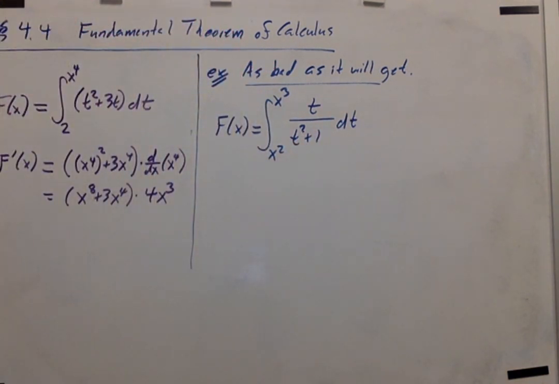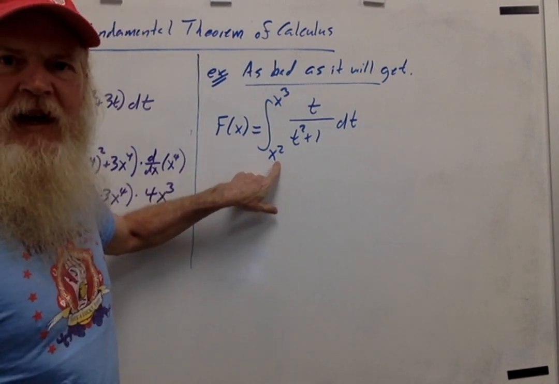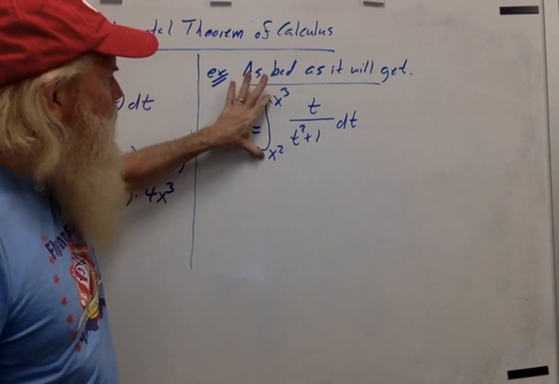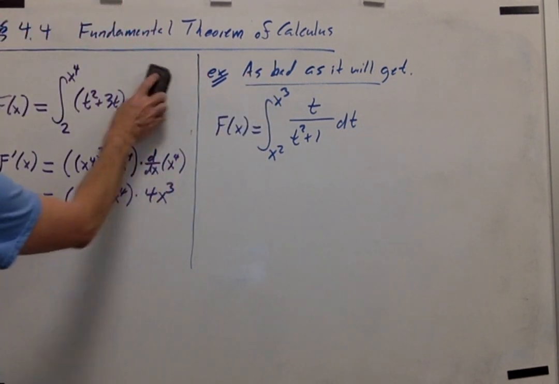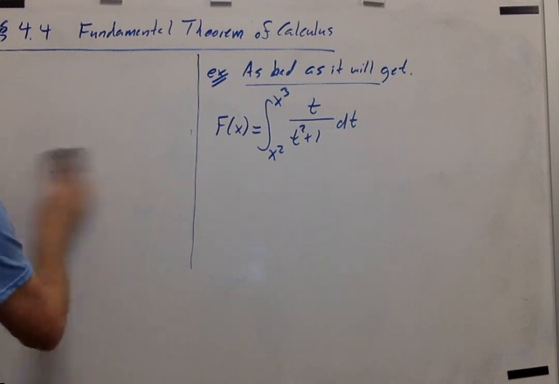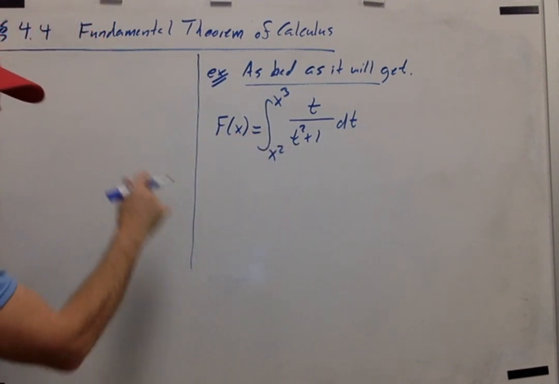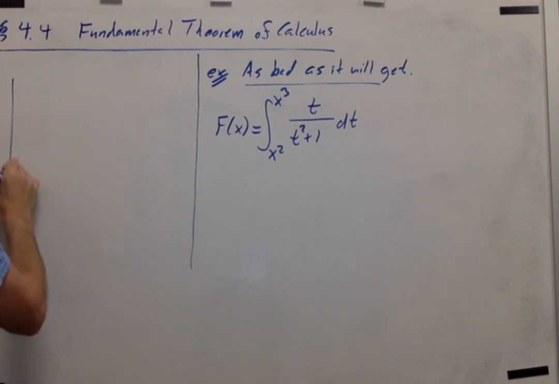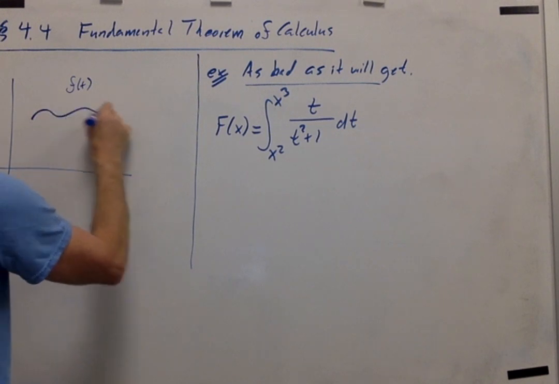So I think you can see what the problem is. Notice that not only is the lower bound not a constant, but both of them are expressions different from plain old x. So here's the trick on this. This is not really what the graph looks like, but let's just pretend that the graph of this function, little f of t, looks something like this.